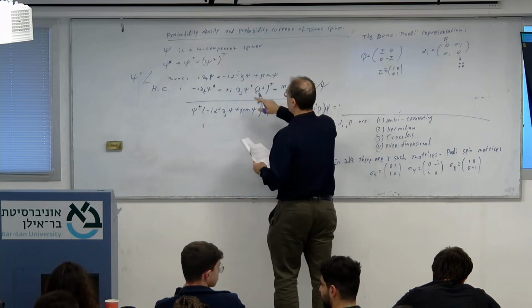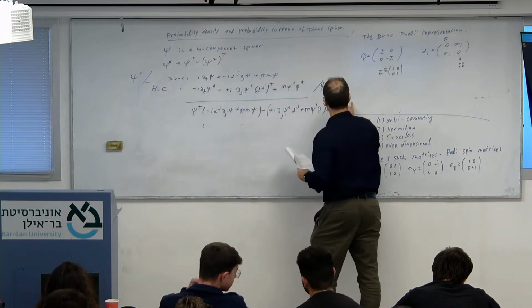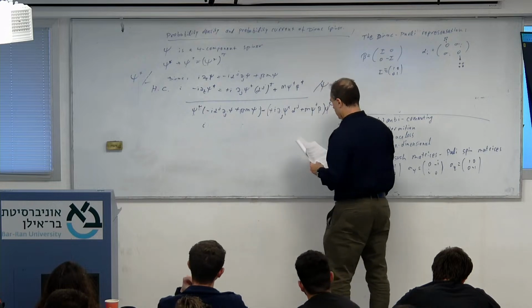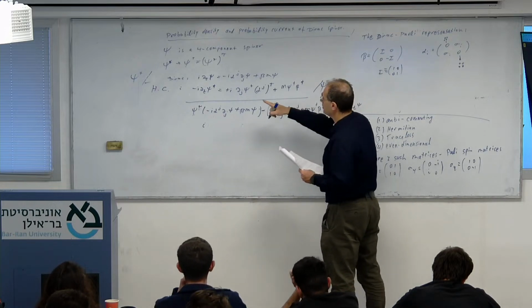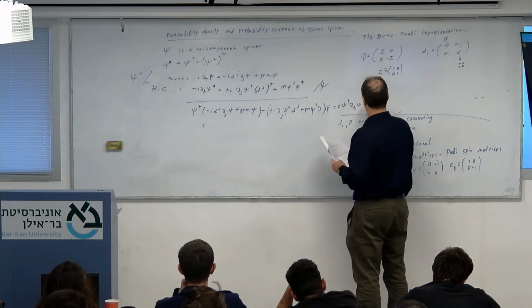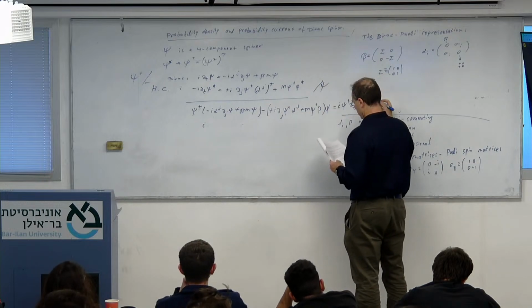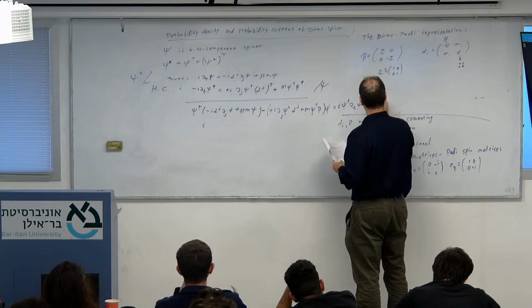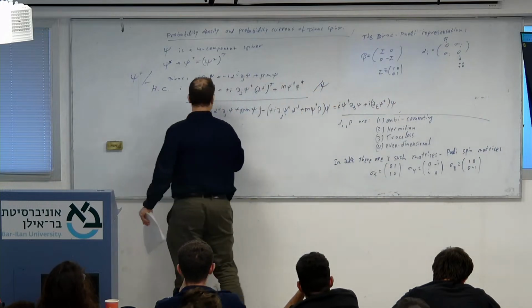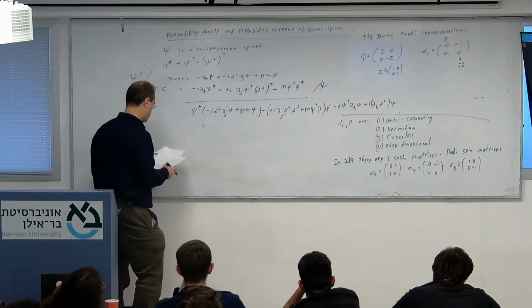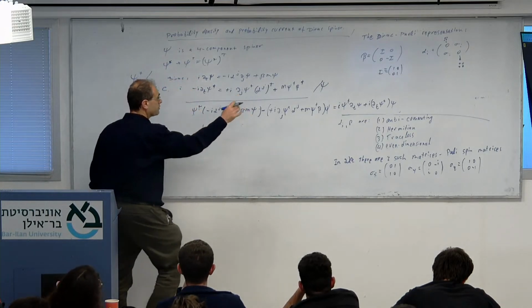It's equal to i, I'm sorry: i psi dagger d_t psi plus i d_t psi dagger psi, which is essentially 0, so it doesn't matter.